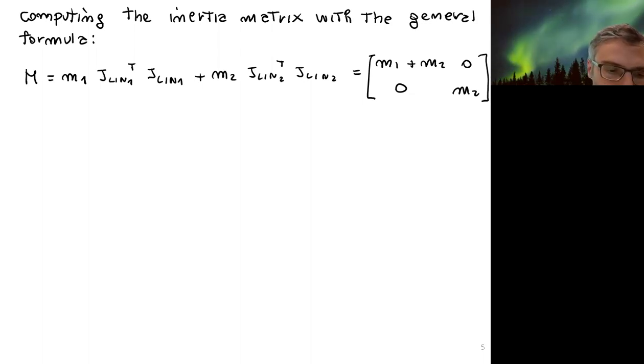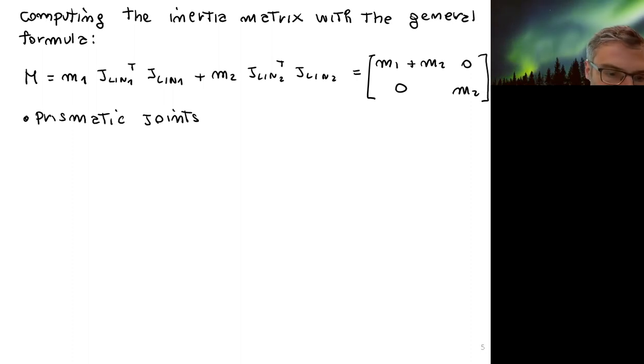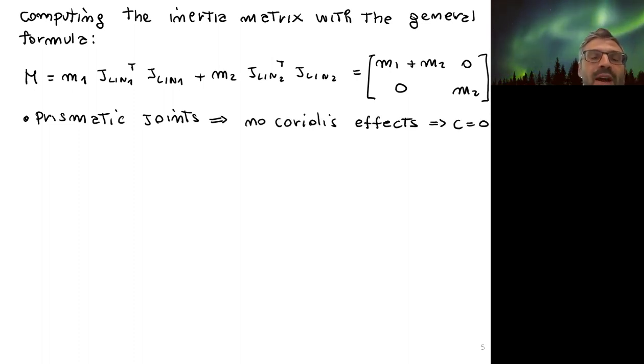We get a diagonal inertia matrix that is also constant, so it's not dependent on time. And also, because we have prismatic joints, we will see that if you compute the Christoffel symbols, because you do the derivatives of the columns of the inertia matrix, since the inertia matrix is constant, these derivatives will be zero. And so there's no dependency on q1 and q2.